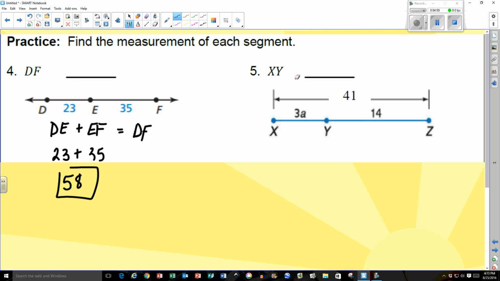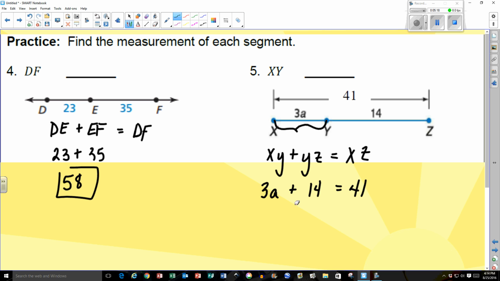All right. What about XY? They want this piece right here. They want you to find this piece. Well, I know that XY plus YZ equals XZ. I know that for a fact. I know that 3a plus 14 equals 41. So part plus part equals whole.